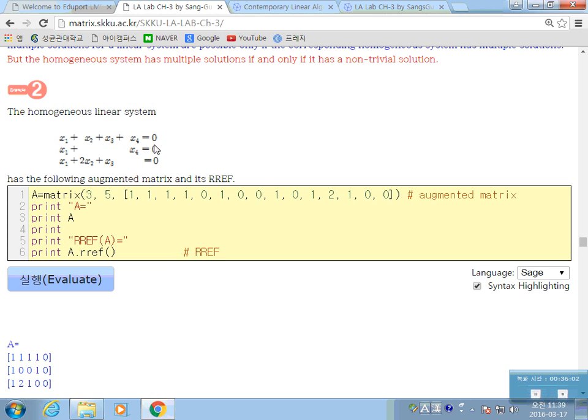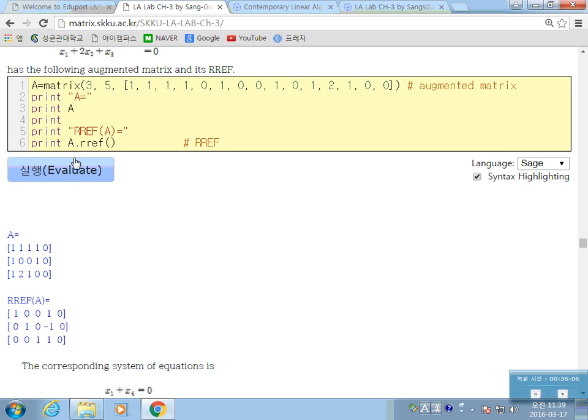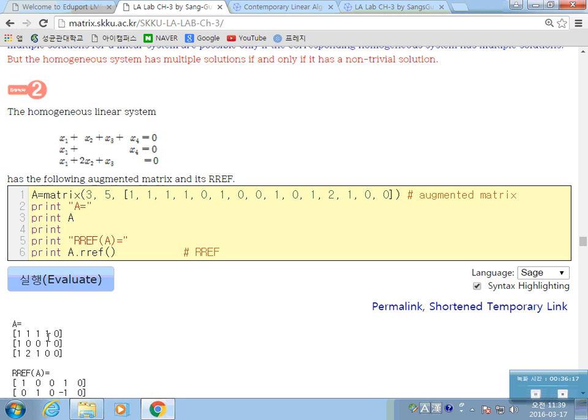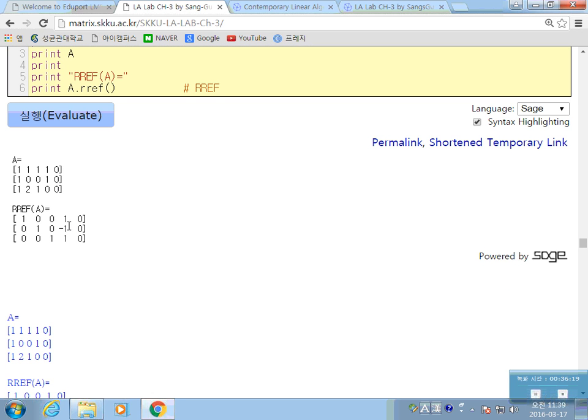If you have 4 variables and 3 equations, then if you find the augmented matrix, the RREF can be written like this. It has 1, 2, 3 leading variables, and you have a free variable here, which is x4. So you always have a free variable for this homogeneous system of equations. You have always infinitely many solutions.